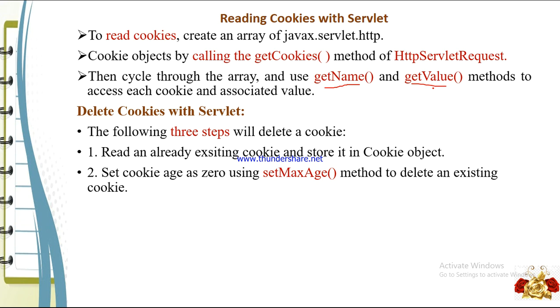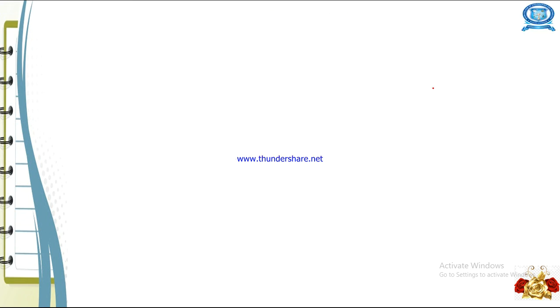We are creating objects, and this object is going to read and store them in a particular location. Next, set the cookie age as 0 using the setMaxAge method to delete an existing cookie. Then add this cookie back into the response header. It will be added to the response header.